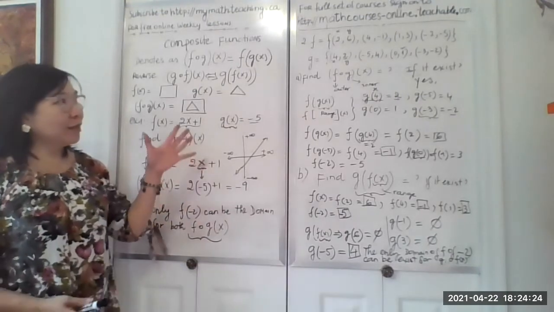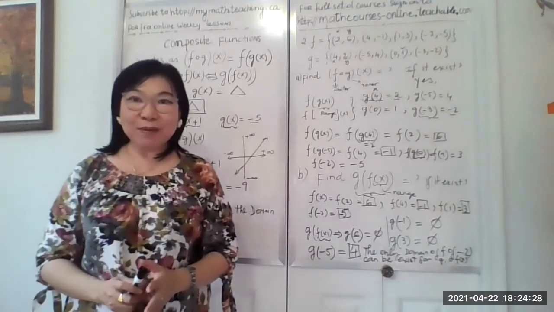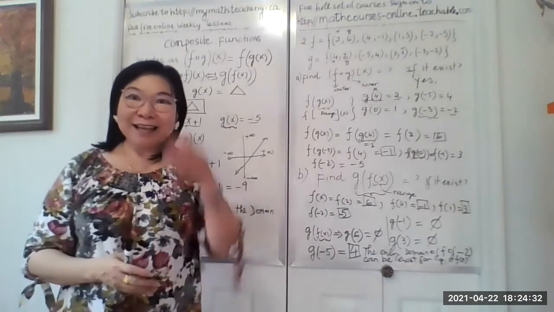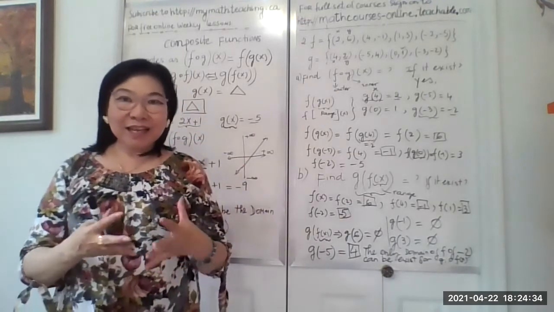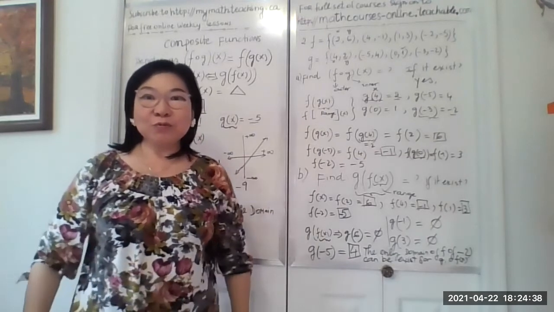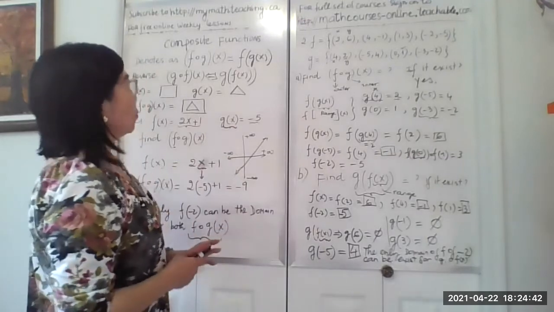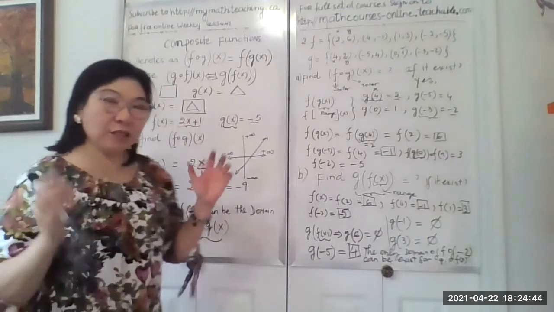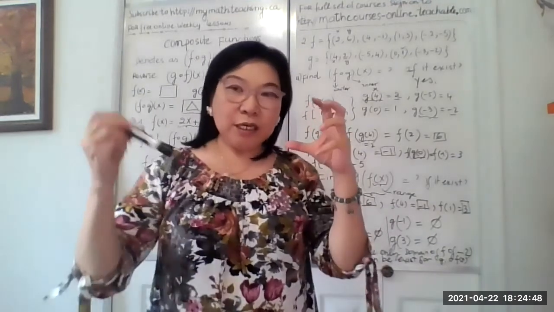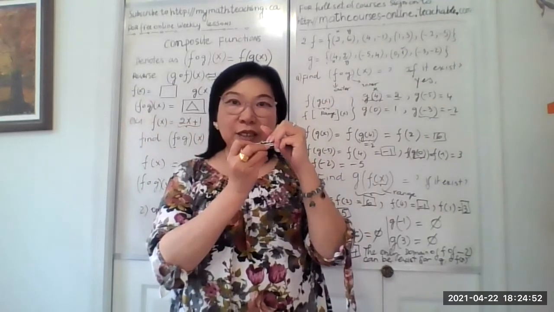So this is basically what I tried to explain to you about the composite function. I found it interesting, right? But I hope you follow me. So let me summarize a little bit for you. We're talking about the composite function. It means we have an outer function and an inner function, and we put the inner function in the outer function.